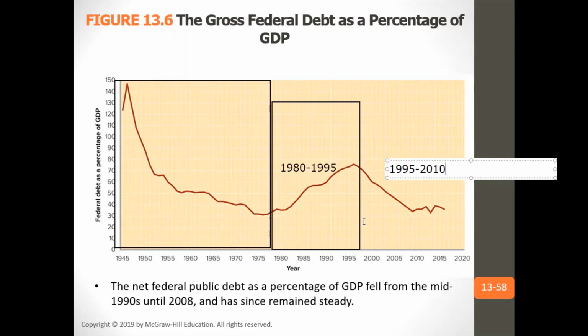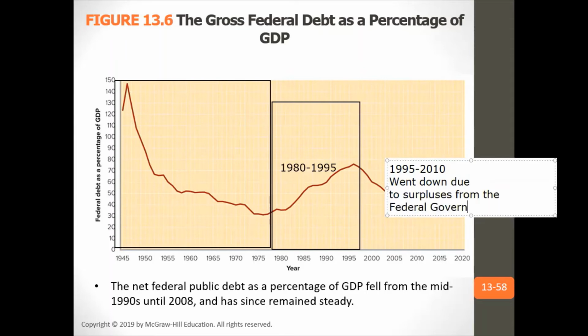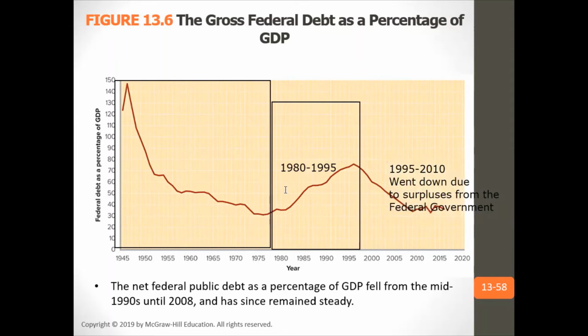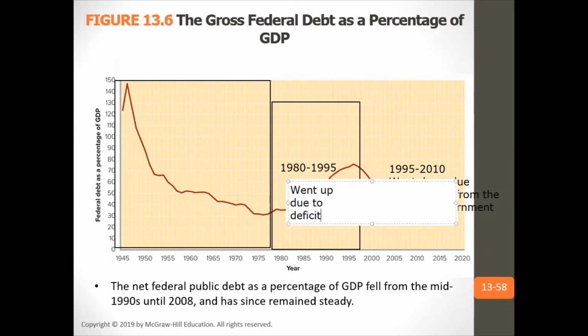It went down due to surpluses from the federal government, and from 1980 to 1995 it went up due to deficits from the Canadian government.